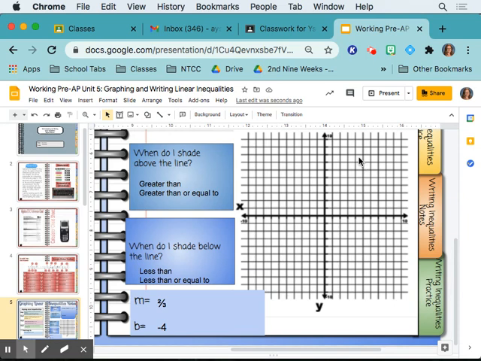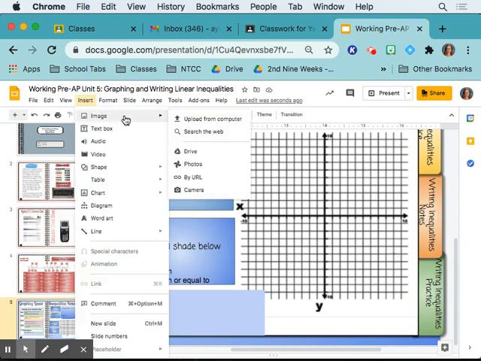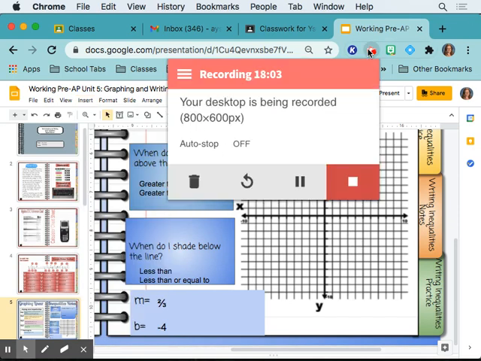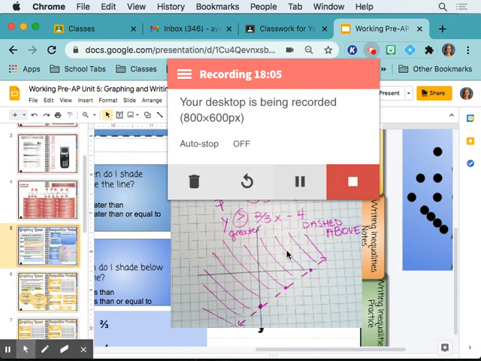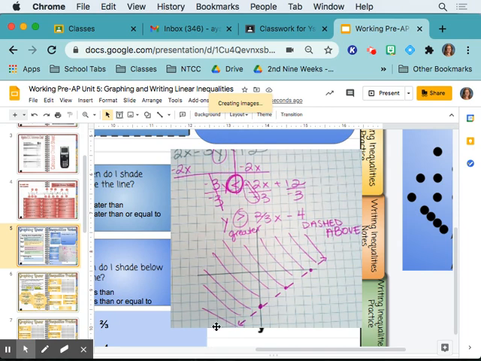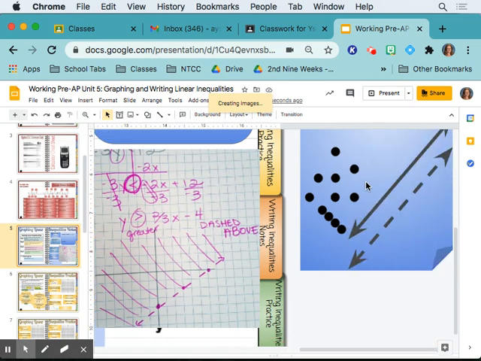Now take a picture of your graph and insert it over the top of this. I'm going to pause mine. Okay, if you'd rather continue to do it on paper, you can and just insert the image, or you can use the dots and tools to do it digitally.